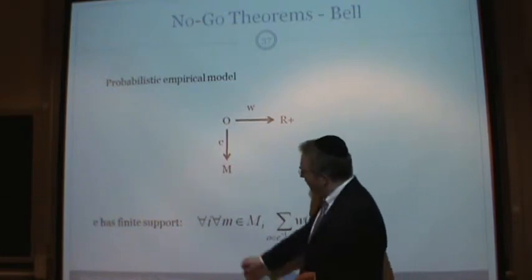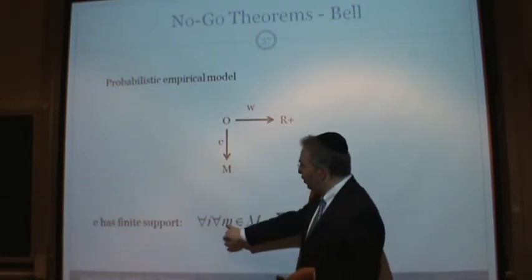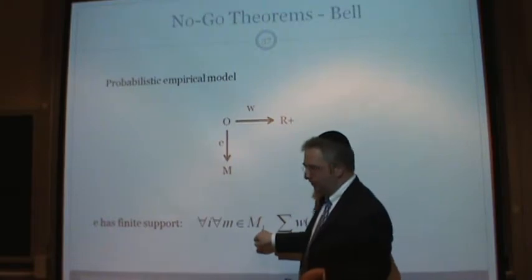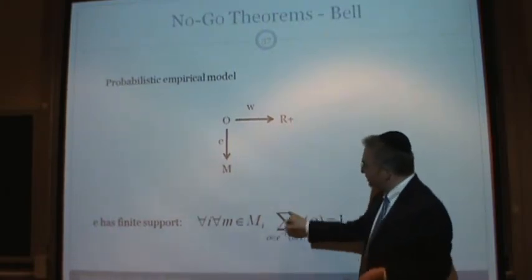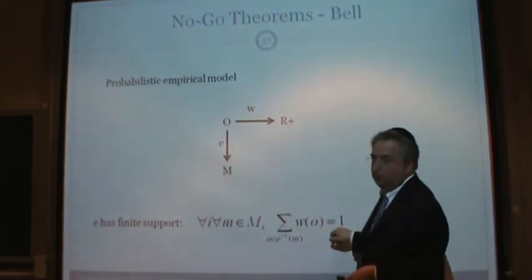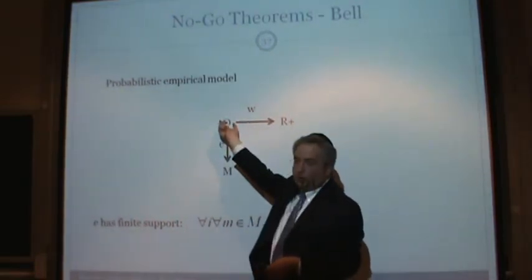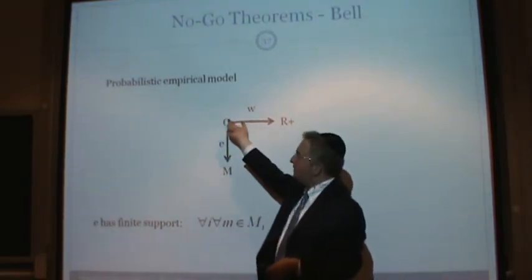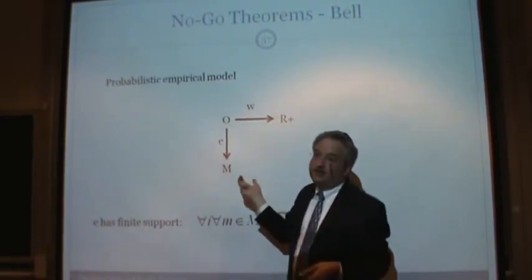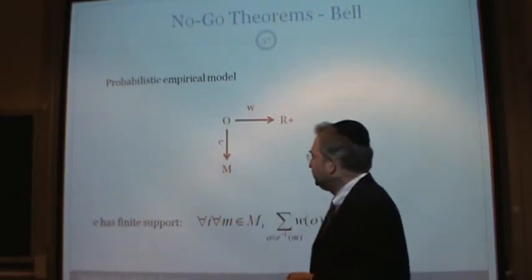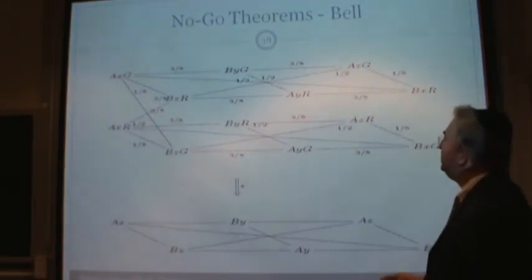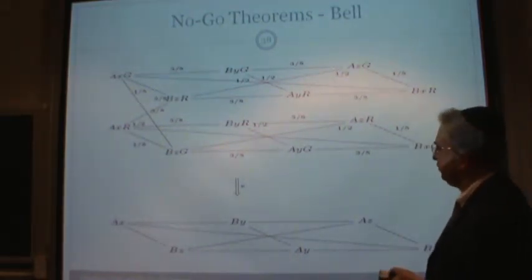What does that mean? For all dimensions i, for all measurements in the ith dimension, we want the sum of the weights to equal 1. Namely, if I pick out something here, I look at the weights that could sum to that, I want to add up all the weights to get 1, which makes sense. Okay, this is Bell's theorem in picture form.